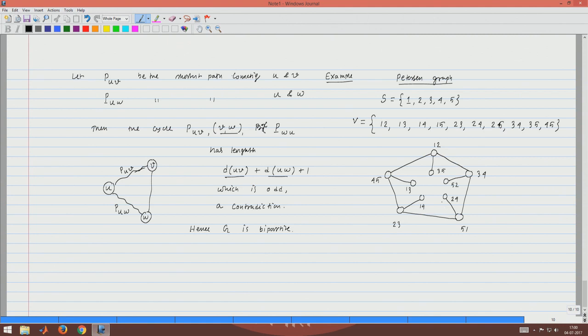Now 35 and 24, there will be an edge. There will be an edge between 14 and 52. There will be an edge between 13 and 24, and 13 and 25. So this is what the Petersen graph is.